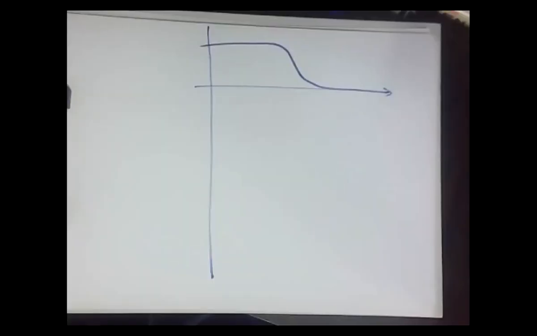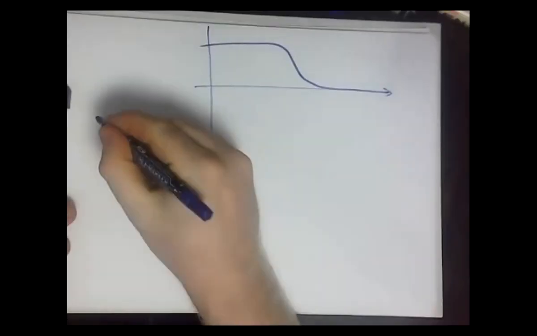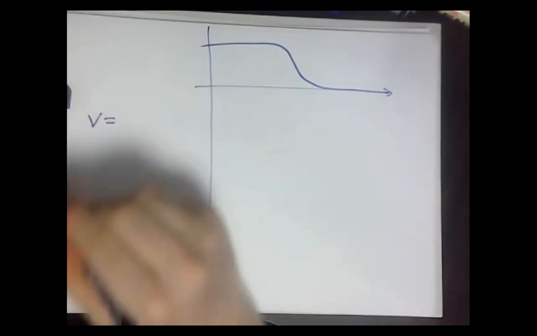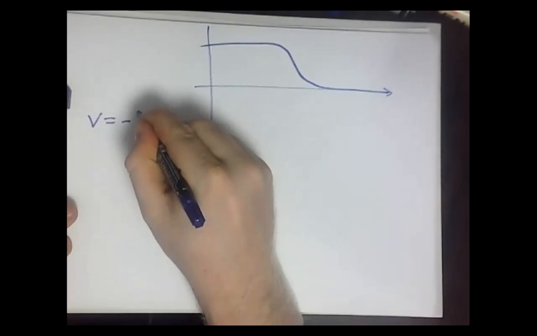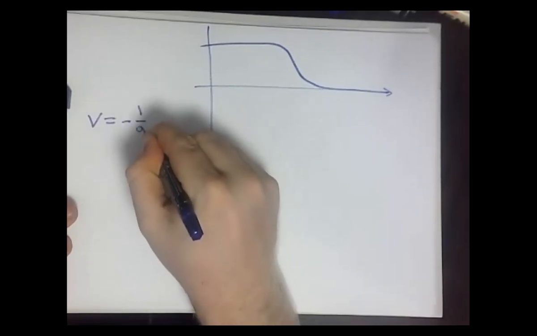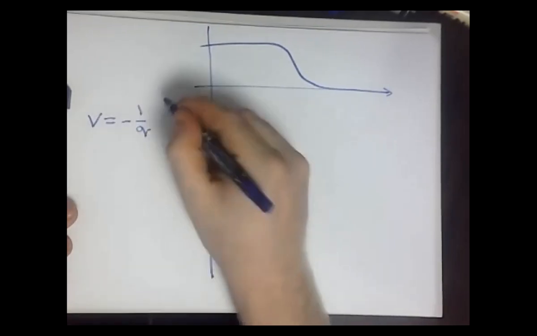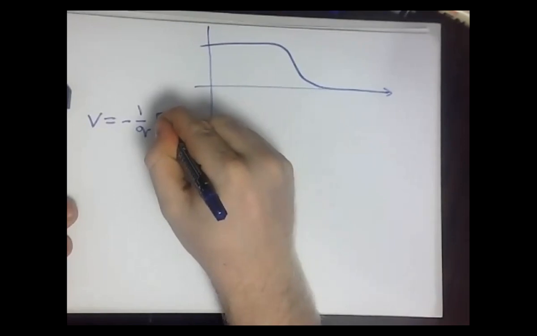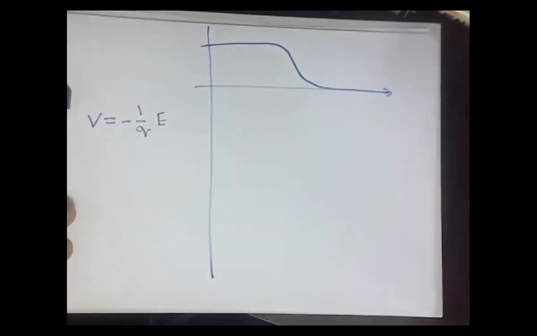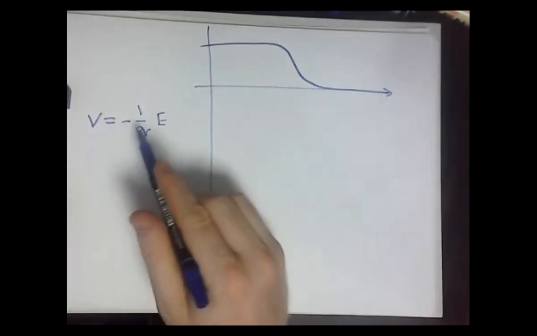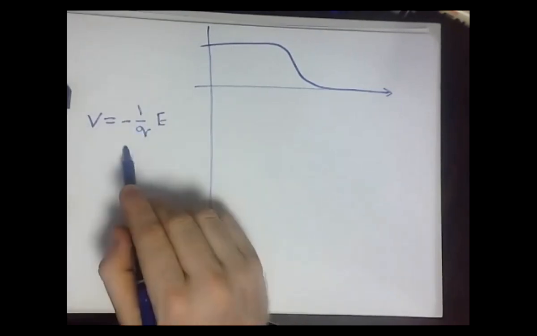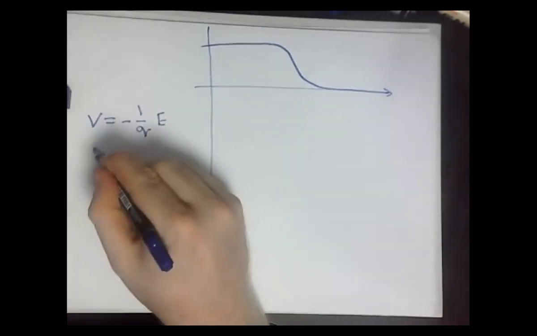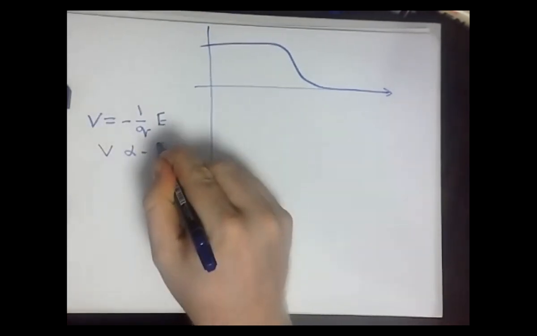Then the first output is the voltage, and please remember that the voltage is equal to minus 1 over Q times the energy. Actually, I don't need you to memorize that it's negative 1 over Q. What I need you to memorize is that the voltage is negatively proportional to the energy.